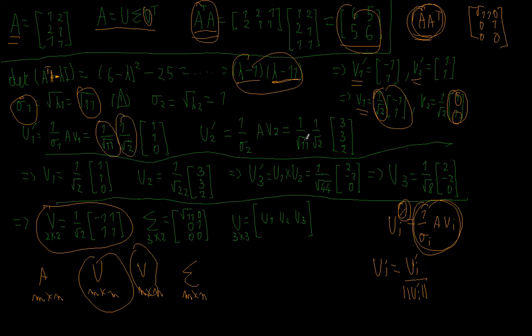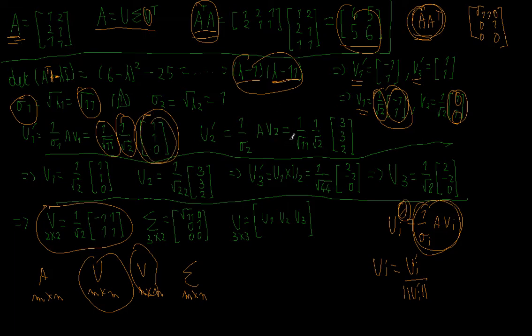If you multiply A with the vector minus 1, 1, you get the vector 1, 1, 0. Minus 1 plus 2 is 1, minus 2 plus 1 is minus 1, and minus 1 plus 1 is 0. So you get that vector.